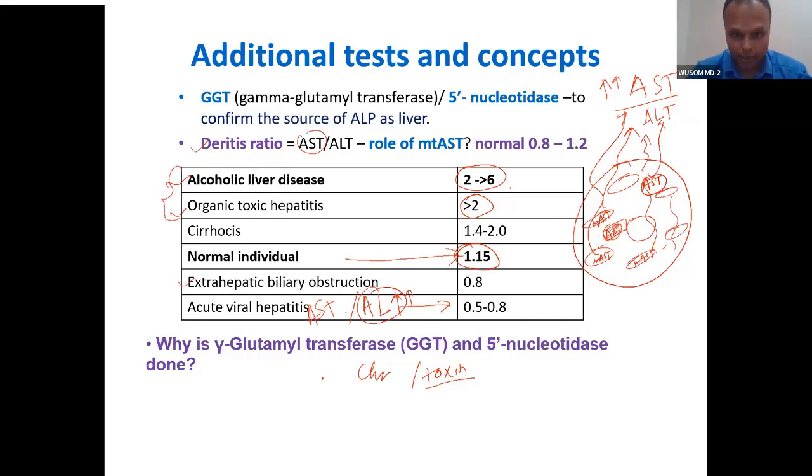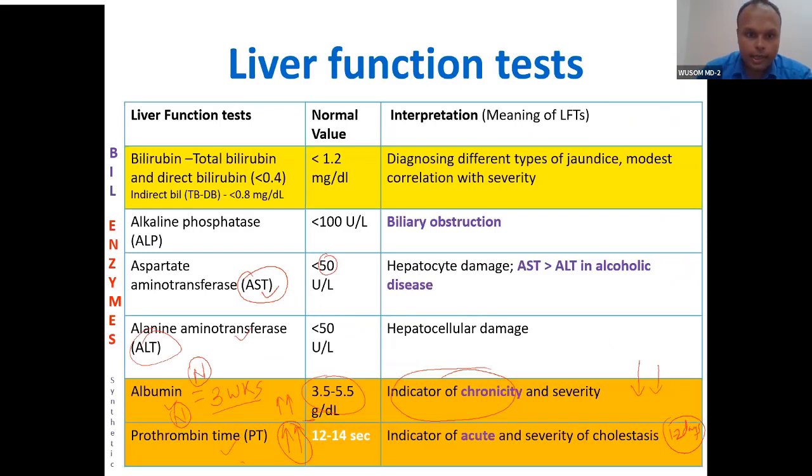Now I will tell you one very important thing. ALP, alkaline phosphatase, is a very unique type of enzyme. It is very important for bone formation.